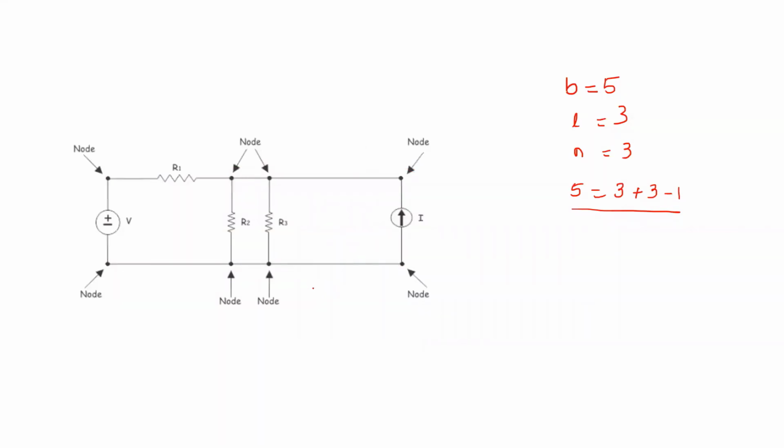Why should we consider 3 nodes? From here and here, only wires are extra, so there is only one node. Consider all this area: no branch is available, instead dots are available.